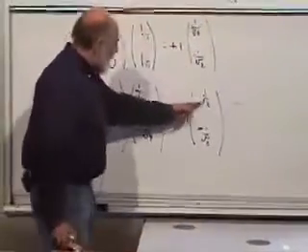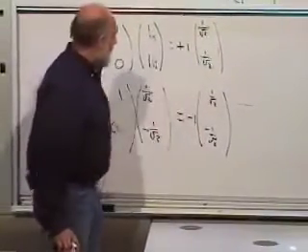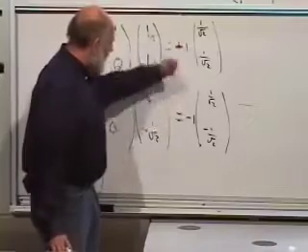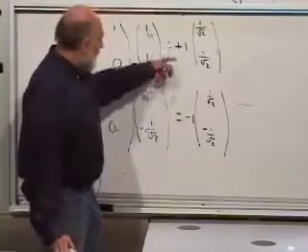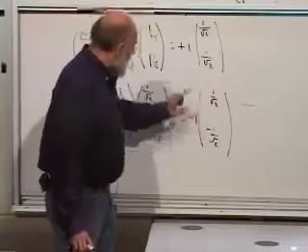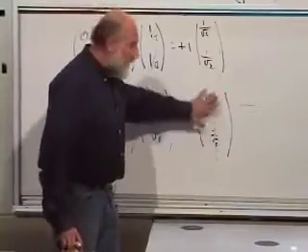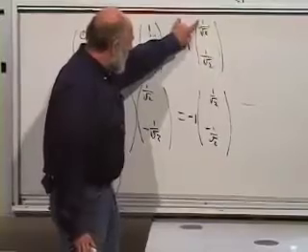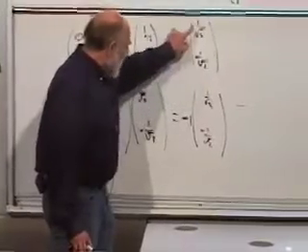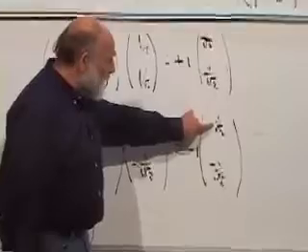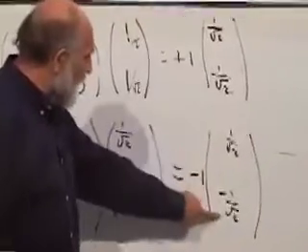Notice that the entries here are real, and we don't have to complex conjugate anything. To take the inner product of two vectors, all of whose entries are real, all we have to do is take the product of the first two entries, and add to it the product of this one with this one.